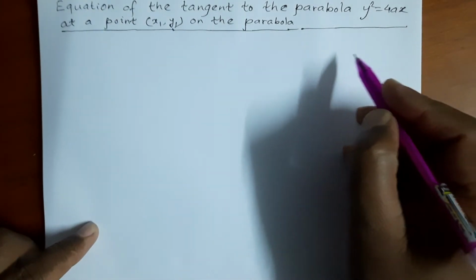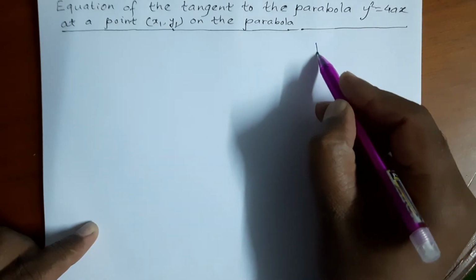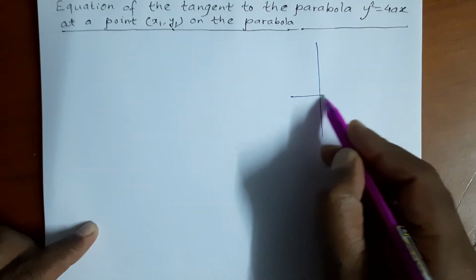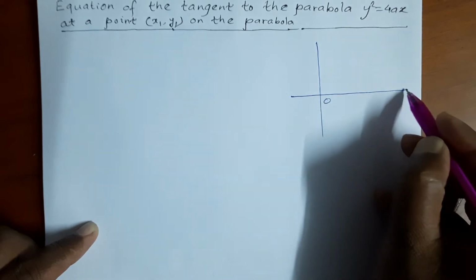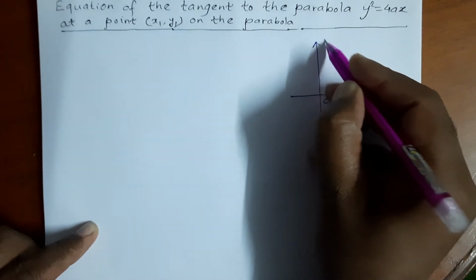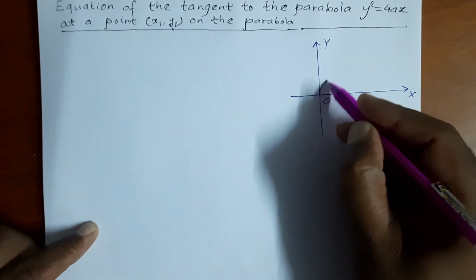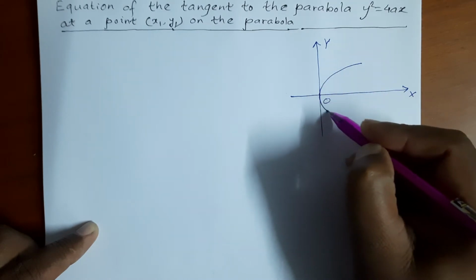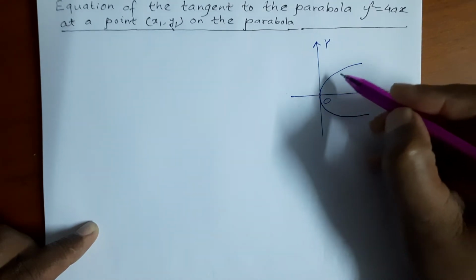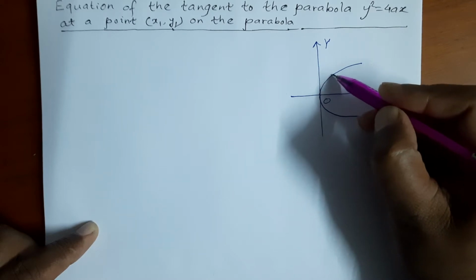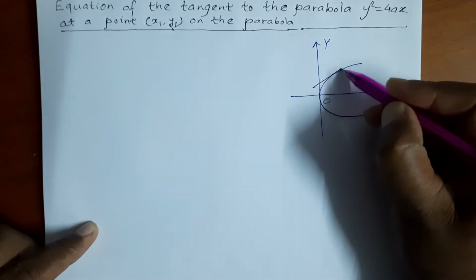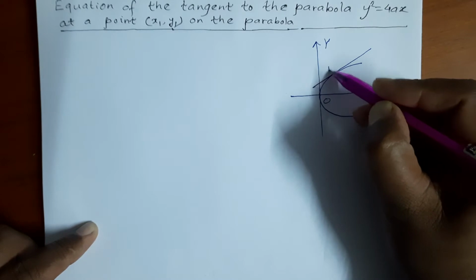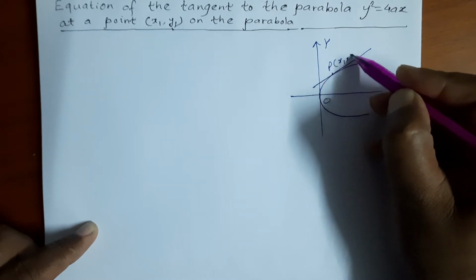Now I'll start today's topic, equation of the tangent to the parabola. We have the equation of the parabola y square equals 4x. So its graph is like this, and suppose there is one point here, P x1 y1.